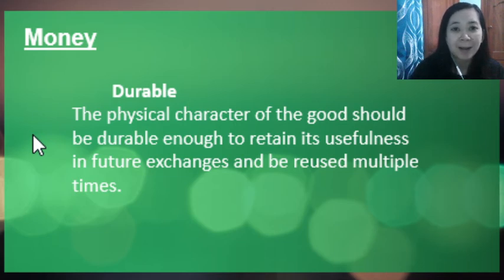However, depending on how we handle the money, like for example, you have washed it with water, fold it for how many times for a long time, it will be destroyed. But again, the money should be durable for us to use it for multiple times.